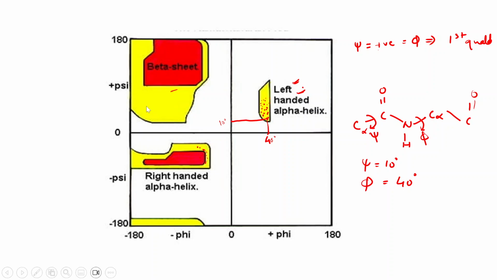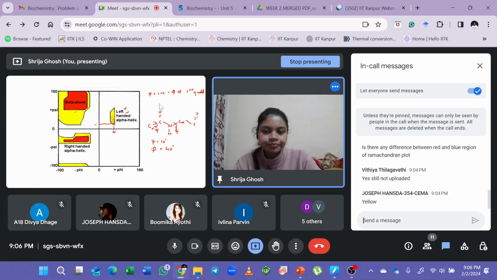But if the angles are lying in the yellow region, there can be some amount of steric hindrance, and there's a chance that that angle is not possible for some particular protein or some particular amino acid residue. That is based on the confidence level of the angles. They have separated the regions.